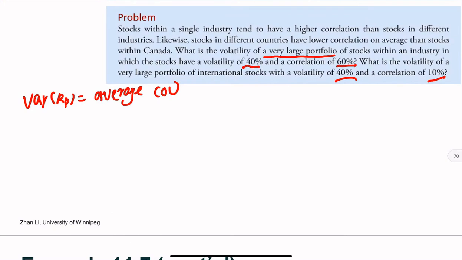Note that you have volatility and you have correlation, right? So obviously you have to back out covariance from correlation. So here covariance equals correlation times standard deviation of the first.